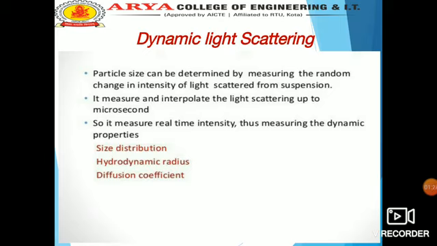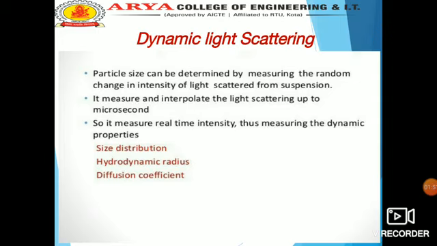So it measures real-time intensity, thus measuring the dynamic properties: size distribution, hydrodynamic radius or diameter, and diffusion coefficients. Dynamic light scattering is a technique for measuring the size of particles and molecules in suspension.